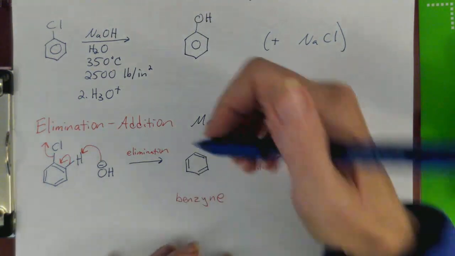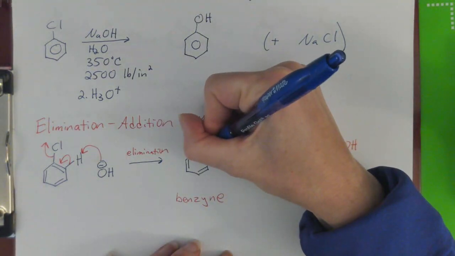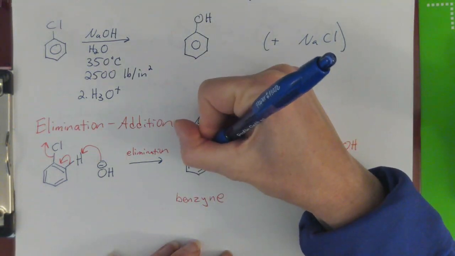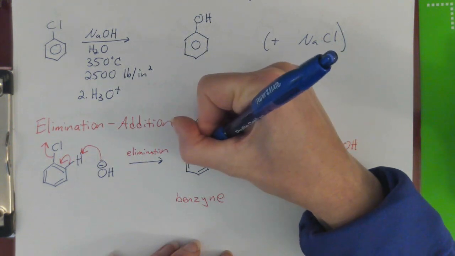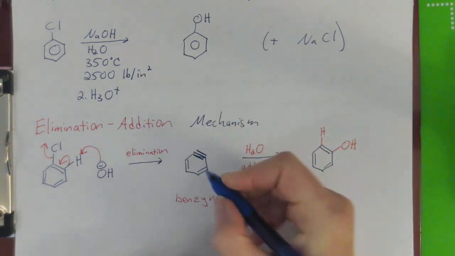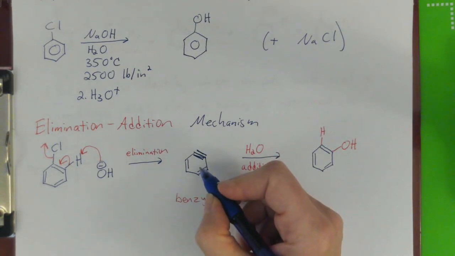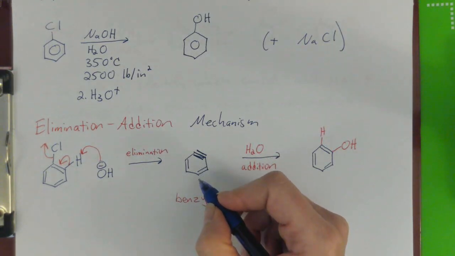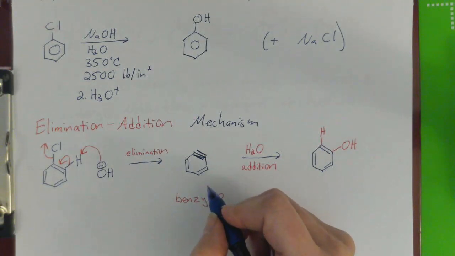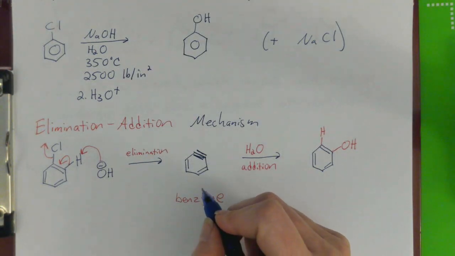And what do we end up with? We end up with this high energy, extremely unstable intermediate that, yes, I really am drawing a triple bond here. Now, it's not a triple bond in the true sense of it. This is more like a diradical than a triple bond.